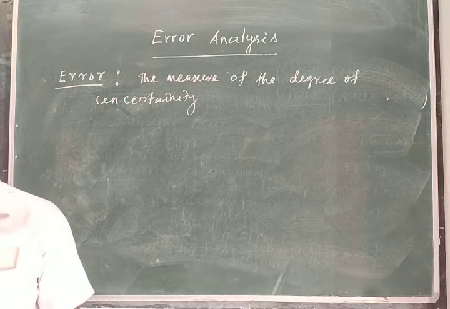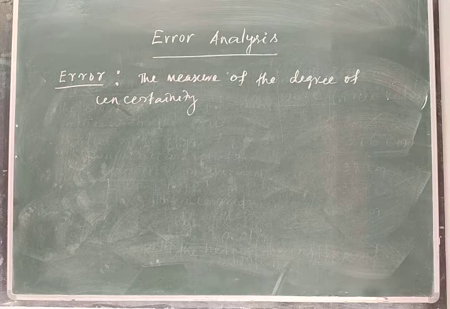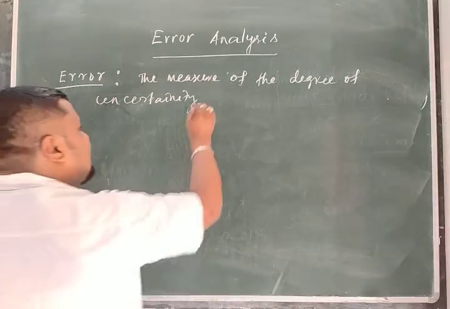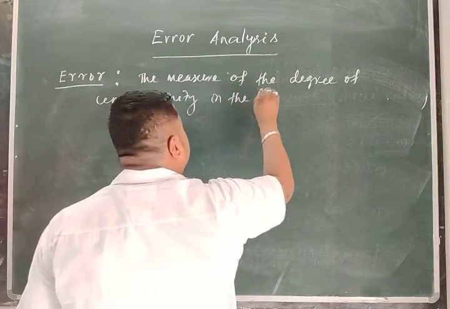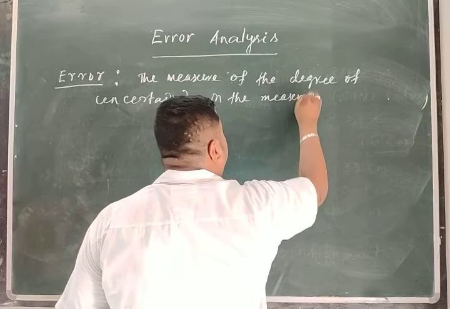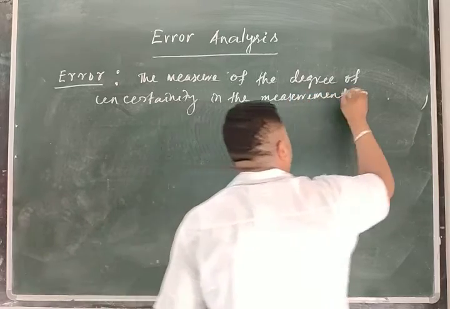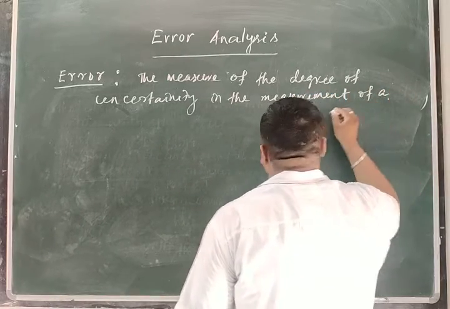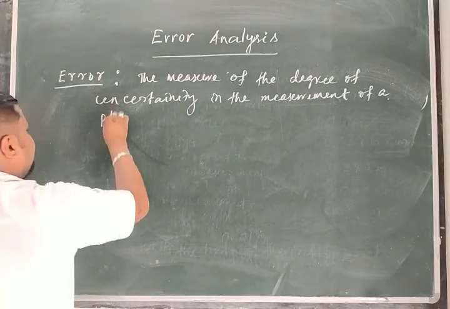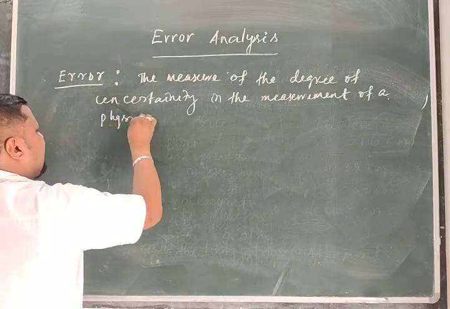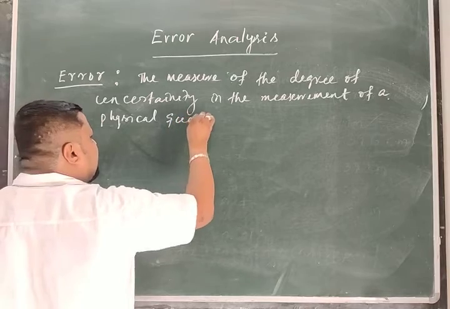It is the measure of the degree of uncertainty in the measurement of a physical quantity. Got it?